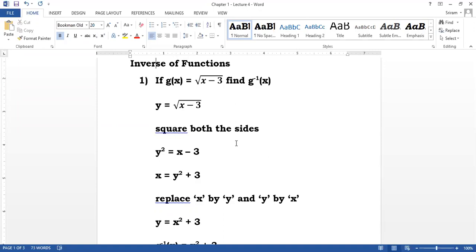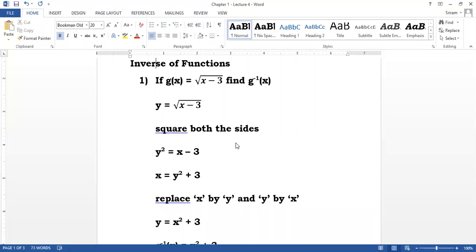Now I want to convert this equation or function to the opposite side. That means I am going to make x the subject. This is the basic idea: I am going to express the value of x. When I see this, I have a square root, so I am going to square both the sides.